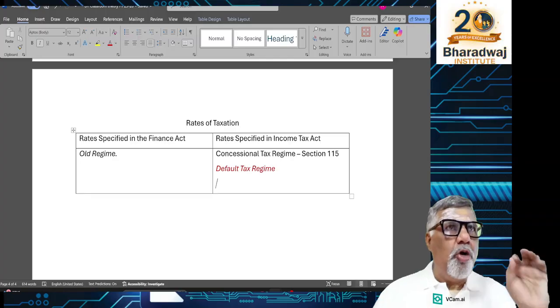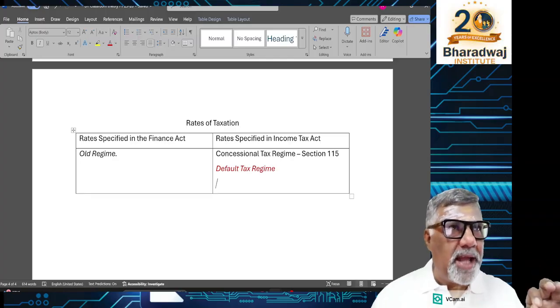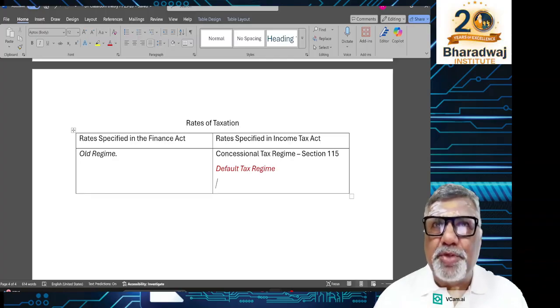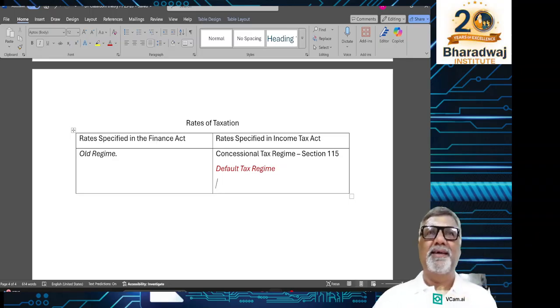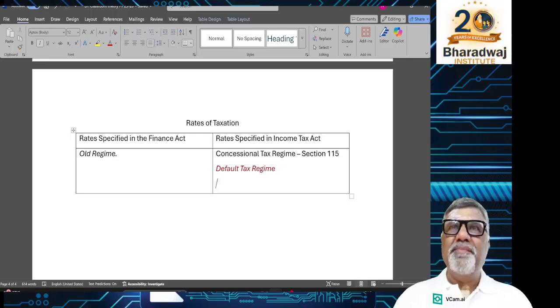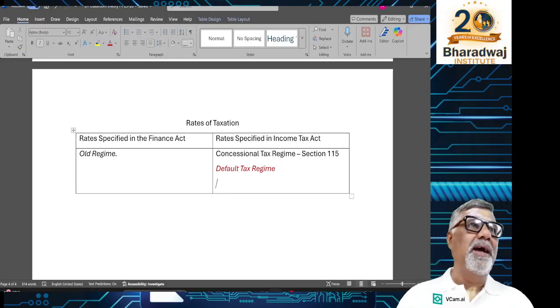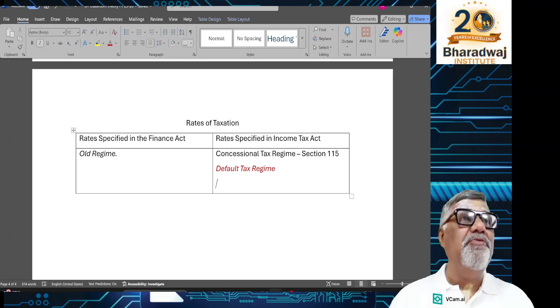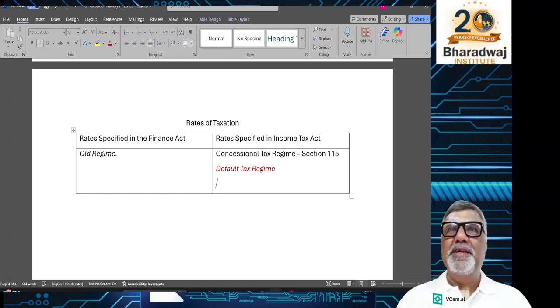So the old tax regime, or the normal tax regime, or the Finance Act tax regime, should be chosen by the assessee. If he has not chosen, he will come under the concessional tax regime, and that is what is popularly known as the default tax regime. Am I clear to you?